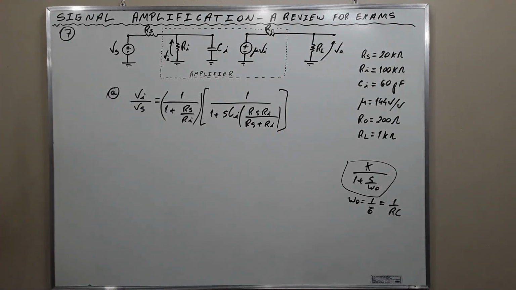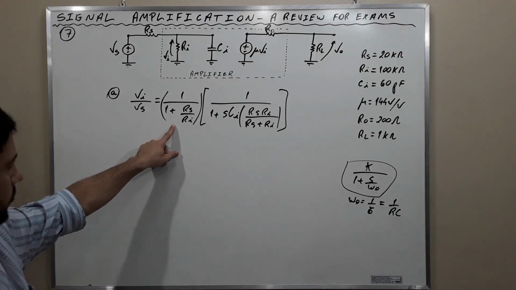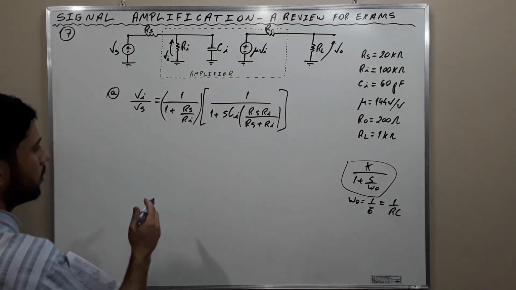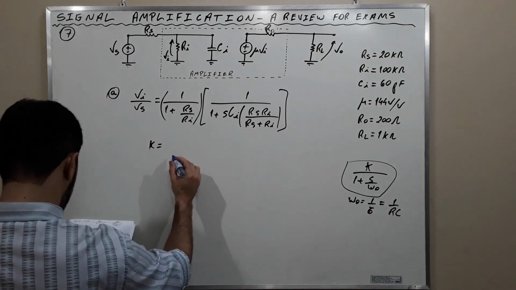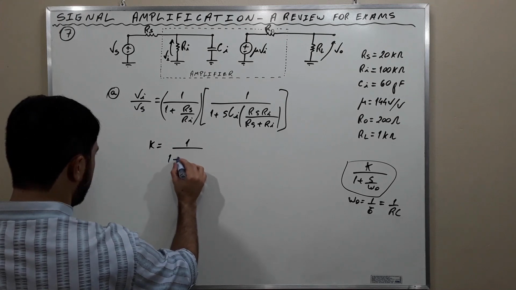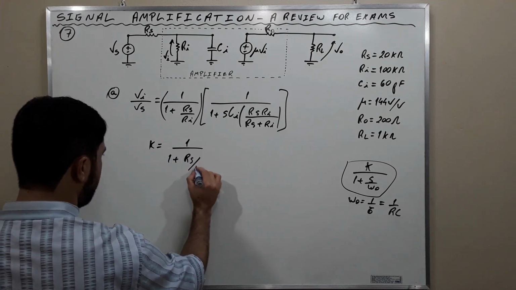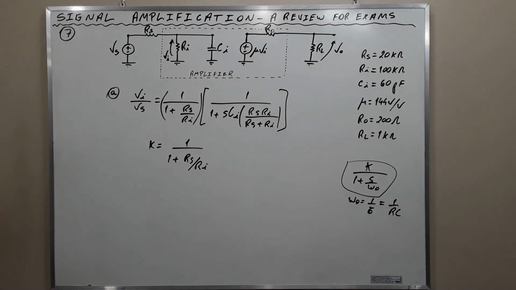Okay. And what is this? This is the gain. Okay? This K here, it is the gain of the STC network. 1 over 1 plus Rs over Ri. This is the gain of the network. In this case, it is a low-pass network.